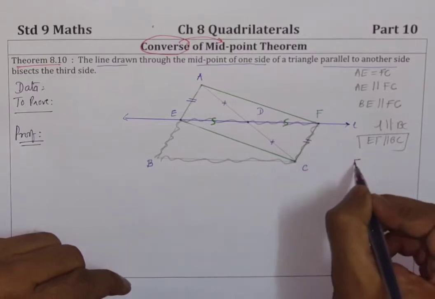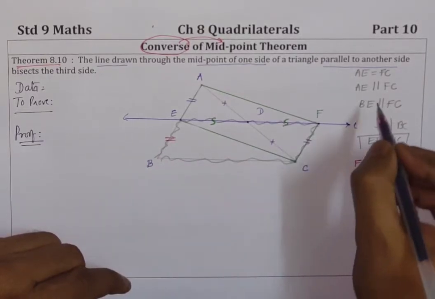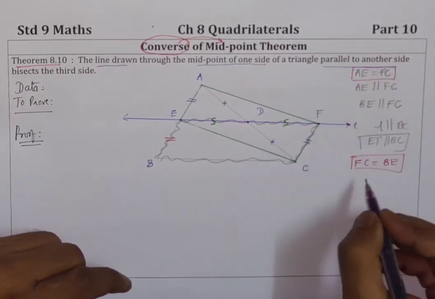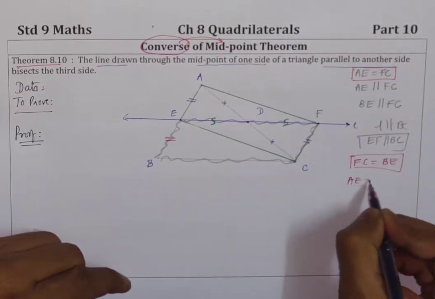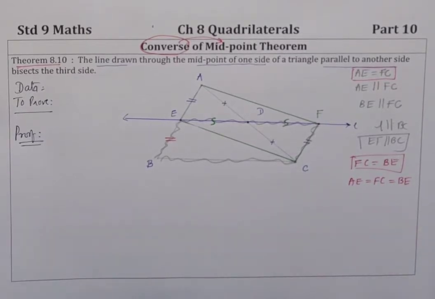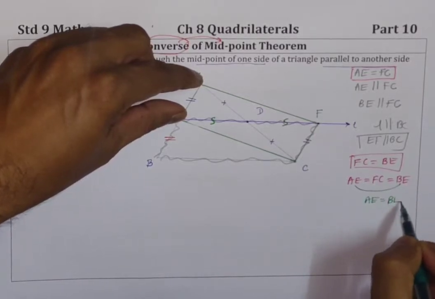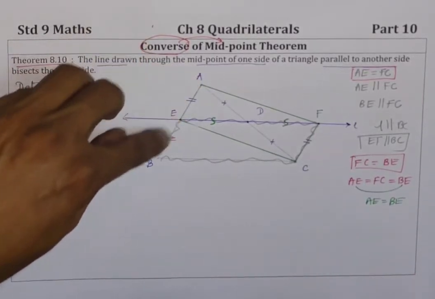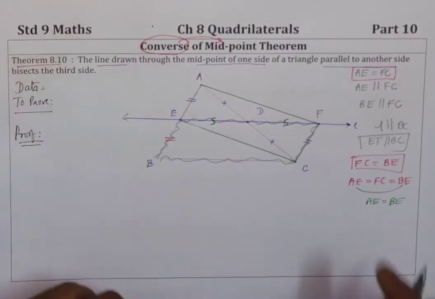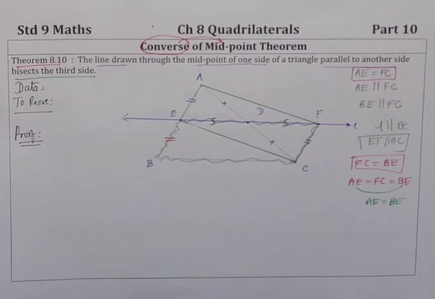So you can say this FC is equal to BE, opposite sides. But FC is already equal to AE. So using these two, by transitivity, AE equal to FC equal to BE. As per our requirement, AE equal to BE. And A, E, B is a line, so E is the midpoint of AB. So line L bisects the third side as well.